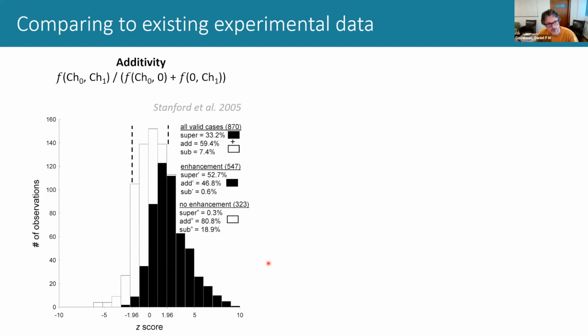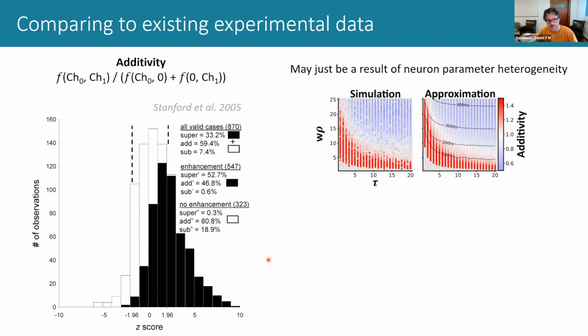So our first idea was to look at the null hypothesis explanation that we came up with, which is maybe it's just not very informative, given the fact that it's kind of hard to get linear spiking units. And indeed, if we just initialize the parameters of these neurons randomly, with different time constants, different weights, different input firing rates, we can see a whole range of different additivities.